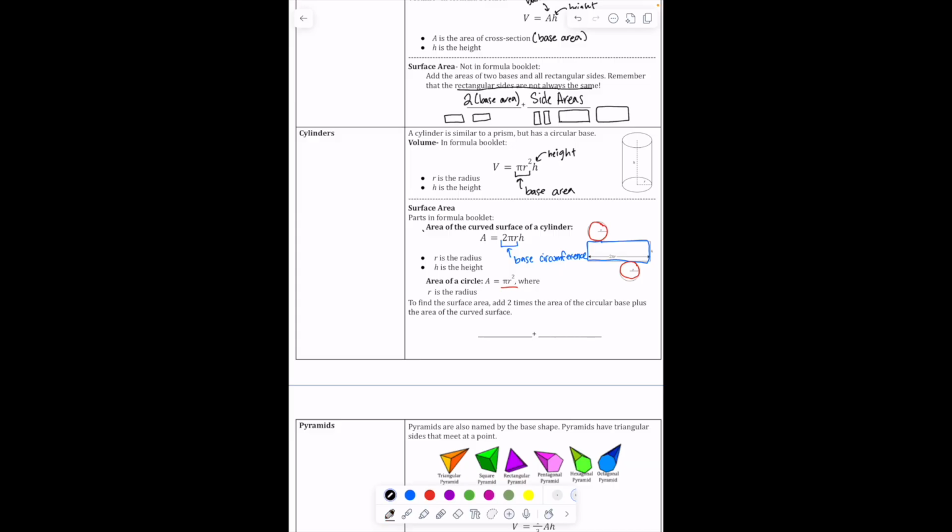You'll have to find the curved surface and the area of a circle separately, but you're going to add up 2 times the base area, which again would be 2 circles, plus the curved surface, which when we unroll it is a rectangle. And again, sometimes depending on the context, we might just have one base area. For example, a cup that doesn't have a lid would just have one circle and the curved surface. So we'll pay attention to all of that.